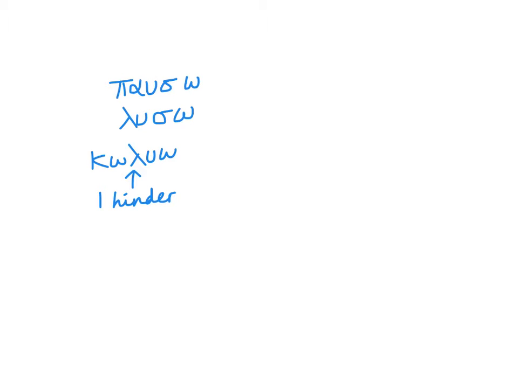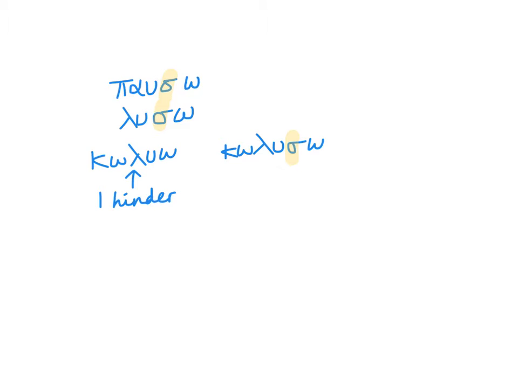It's used quite often in military texts that we often have in ancient Greek literature. And I will hinder becomes koluso. Just have to watch out for that sigma between the stem and the ending as a mark that we're in the future. But what if the stem does not end in a vowel but ends in a consonant?